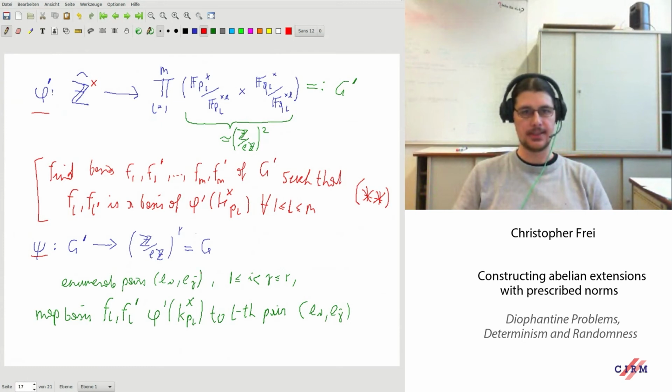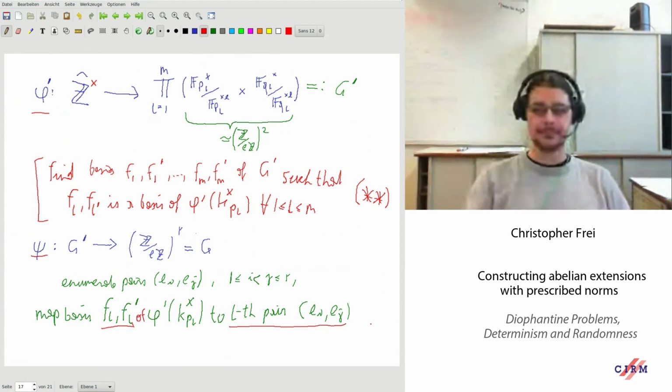So I have these M pairs, and then the pair FL prime from this basis, which forms the basis of phi prime of KPL star, should go to the L-th pair EI, EJ in this enumeration. Okay, so it's defined on the basis of G prime, so that's completely fine. It's bijective.